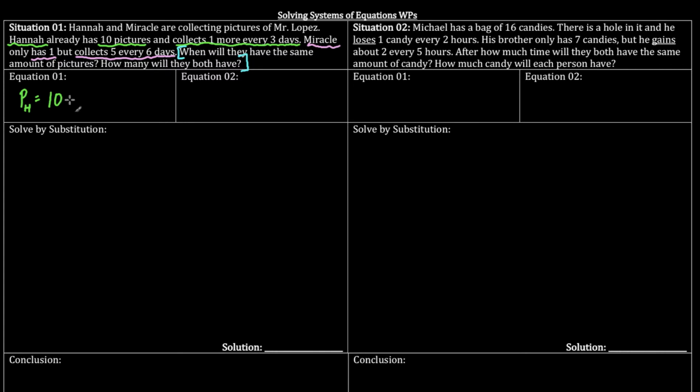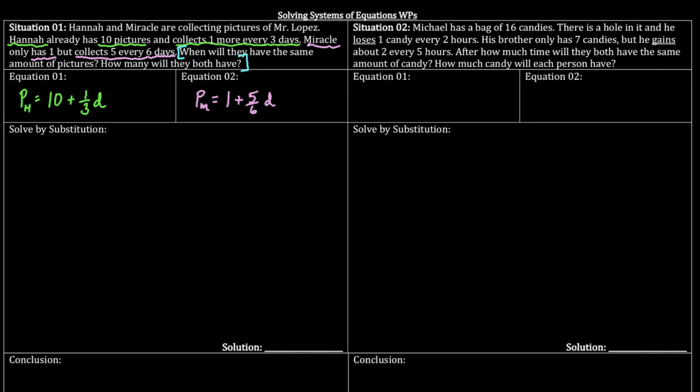And she gains, it increases by 1 every 3 days, or 1/3 of a picture every day. Miracle, on the other hand, the pictures for Miracle start at 1, but the number that she has increases by 5 pictures every 6 days, or 5/6 of a picture every day on average.